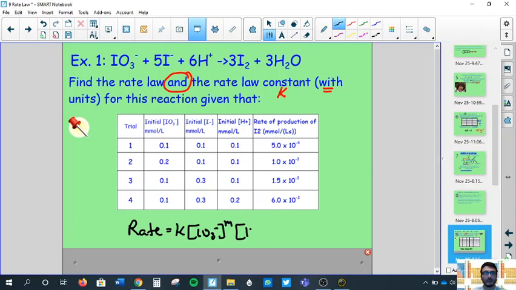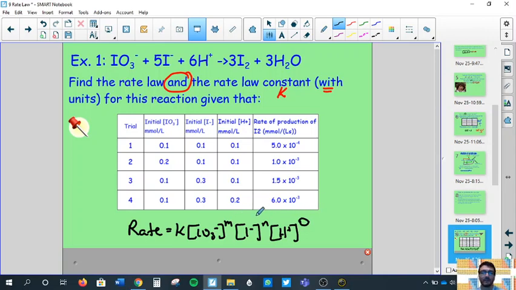And then iodide will have a certain exponent N. And in this case, we have a third reactant. Let's follow the alphabet here, MnO. It will have an O. Maybe not the best exponent to use since it looks like a 0, but if it were a 0, put a line right through, so it's an O. So we're going to find MnO. I've recalled now actually seeing different letters for these exponents, but MnO is fine for now.